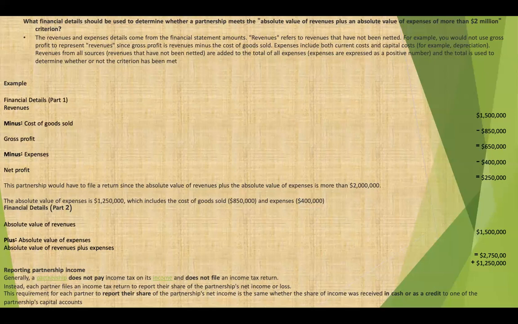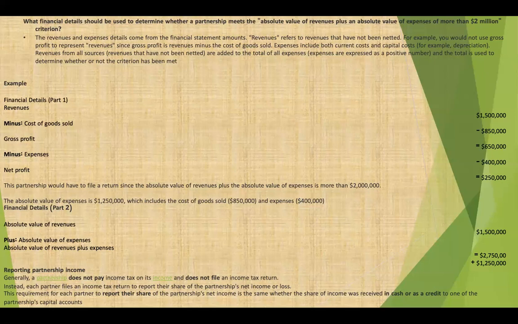So I give an example here. Financial detail, the revenue is $1.5 million. You minus the cost of goods sold, which is 850,000. Then the gross profit will be 650,000. Then we minus the expenses, 400,000. Then the partnership will have to file a return since the absolute value of revenue plus the absolute value of expenses is more than 2 million.